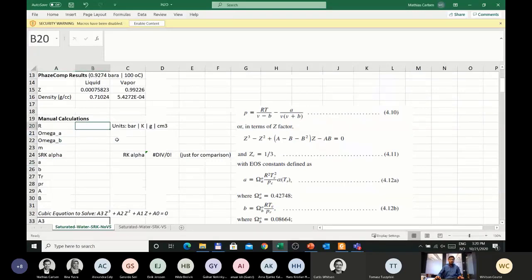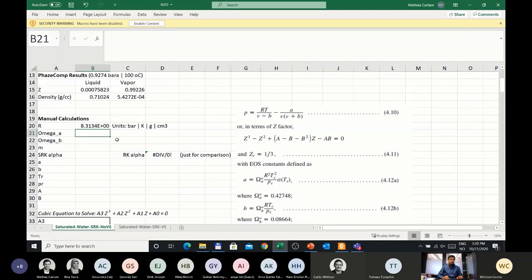Okay, so the first thing, the value of R, and for the unit system we have here, that's mainly SI. So the value of R we can use is 8.3134.